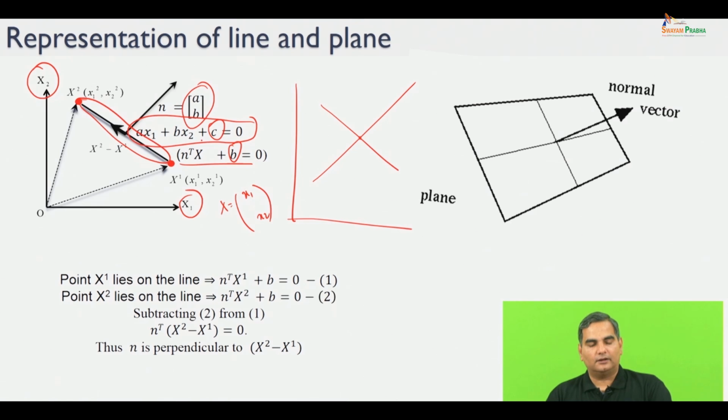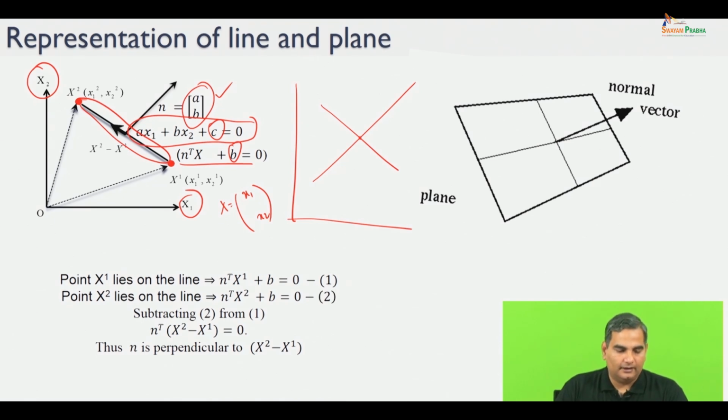So, a general equation can be written in this form, n transpose x plus b equals 0. Now, we want to understand what this n depicts in this example. If you look at this picture here, we have shown n as a normal to this line, and let us see why that is true.